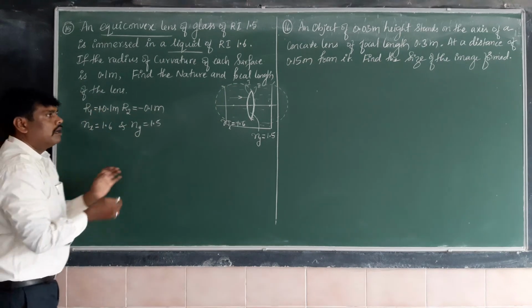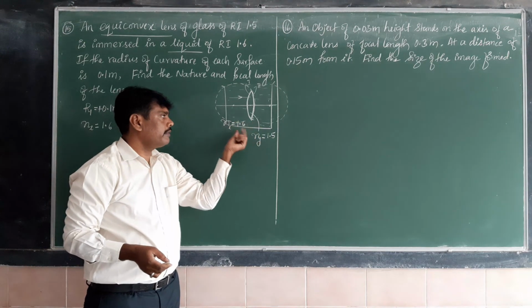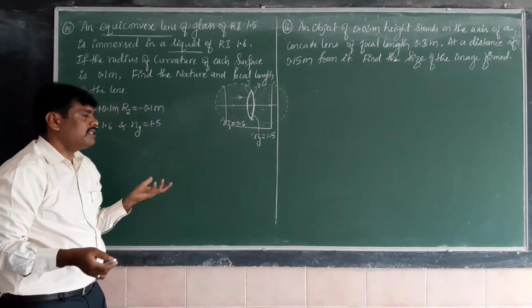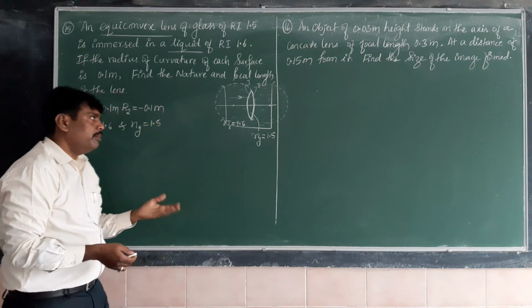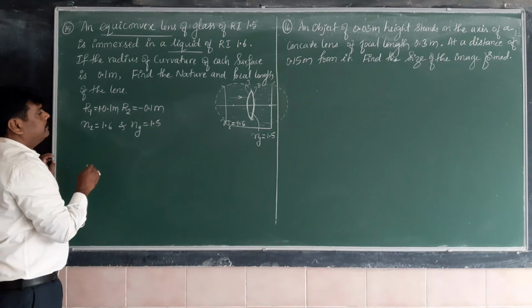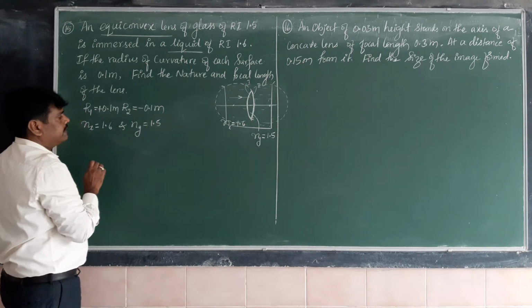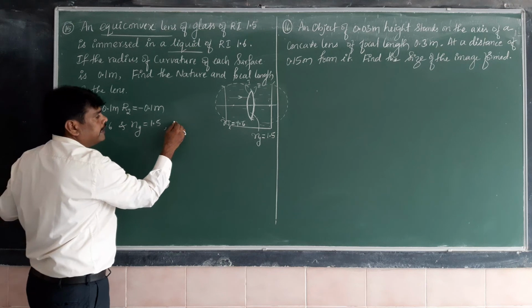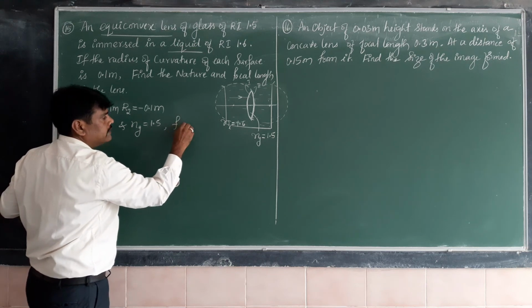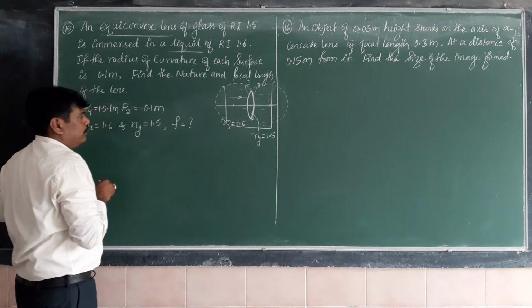Nature means how this lens behaves after immersing in the liquid of refractive index 1.6, whether it behaves like a convex lens or concave lens. Depending upon the sign we will decide what type of lens is formed. So here we need to find the focal length of the new lens when it is immersed in a liquid of refractive index 1.6.